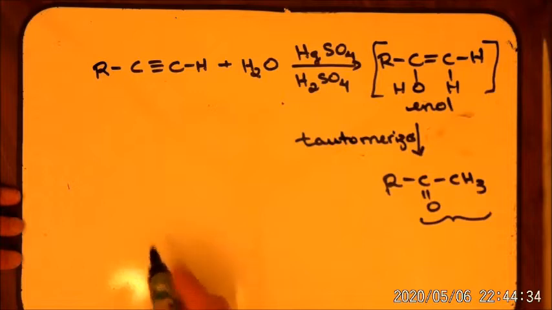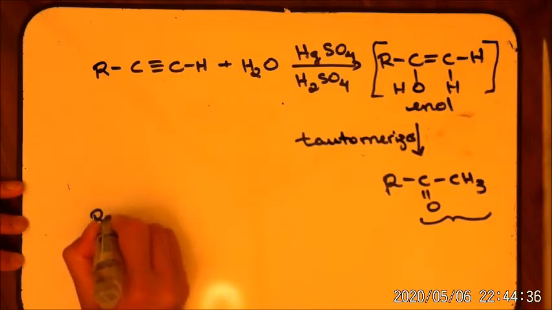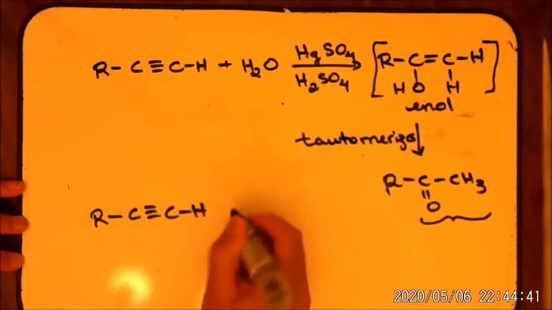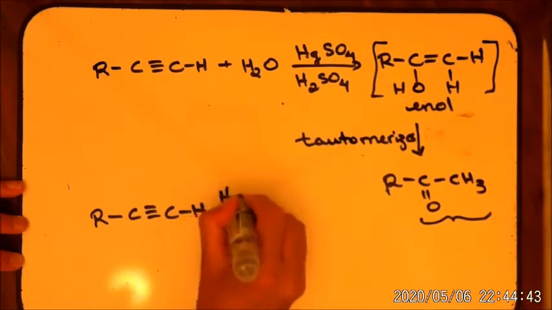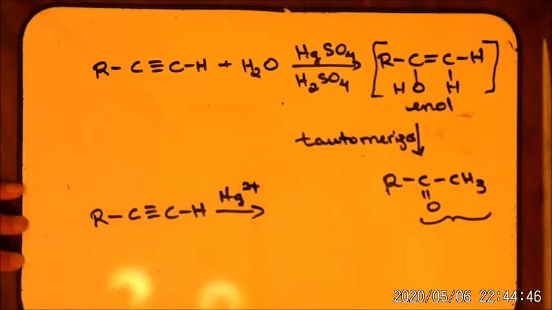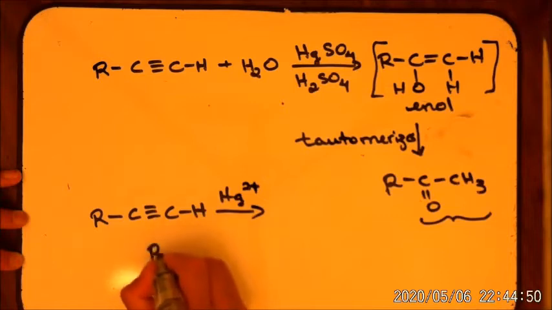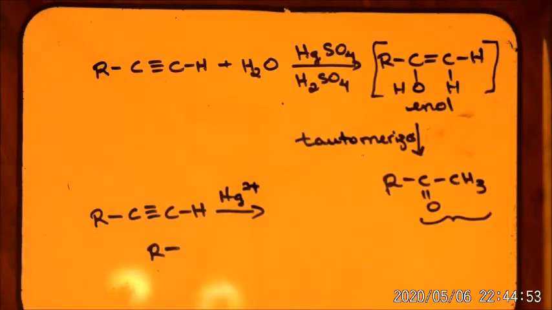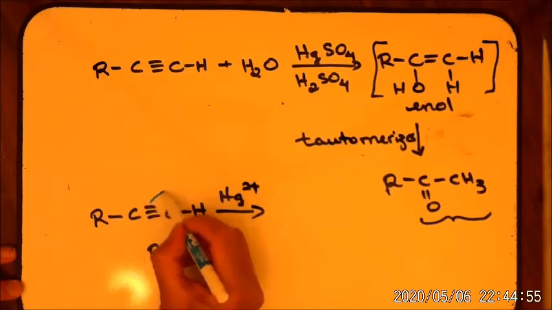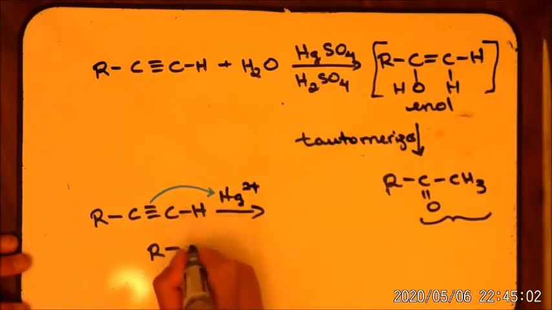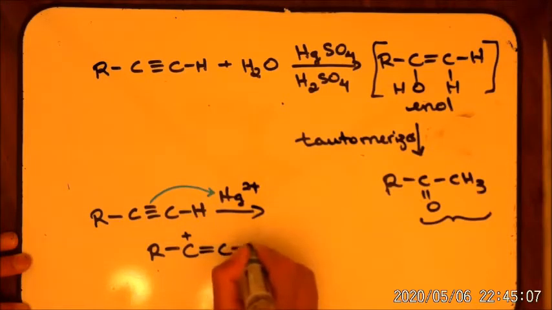Now, here, if we look at the mechanism, we have Hg2+, okay? And from the Hg2+, what you form is this, a vinyl cation.